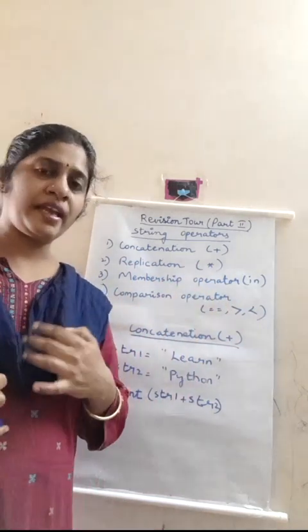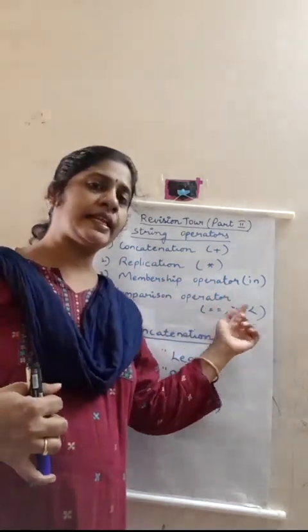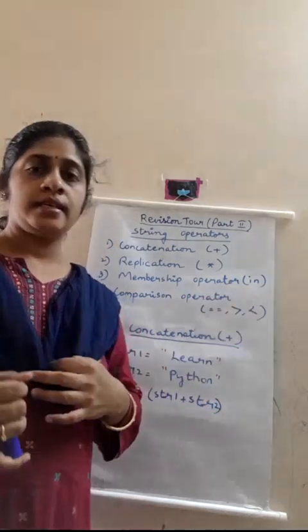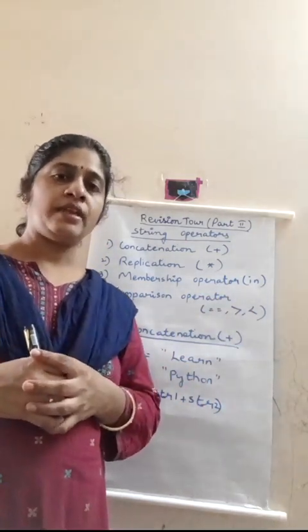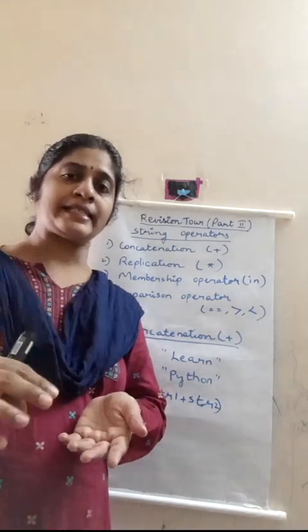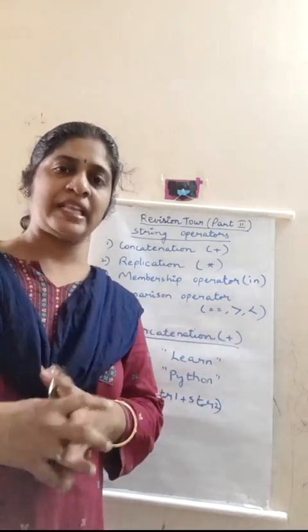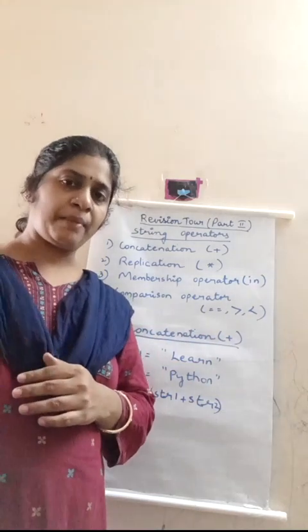Now you must be wondering, how can we use greater than or less than with strings? Yes, this is done in strings, wherein the characters' ASCII code or Unicode is compared. That we will be seeing in an upcoming video.